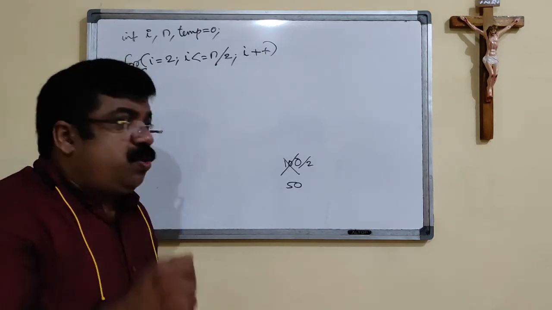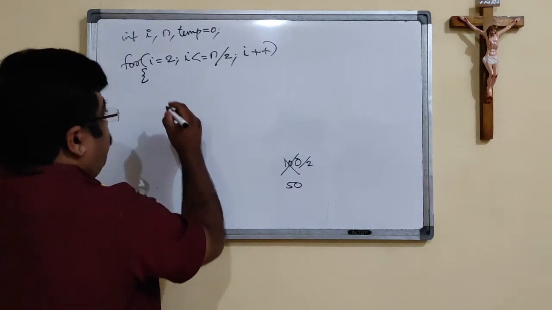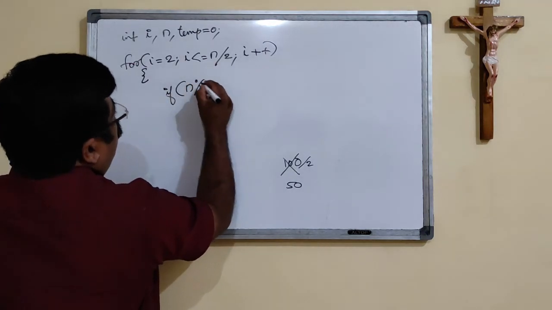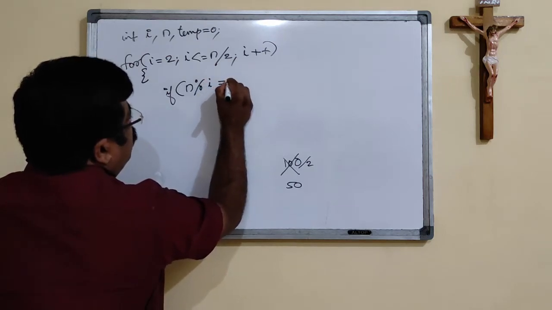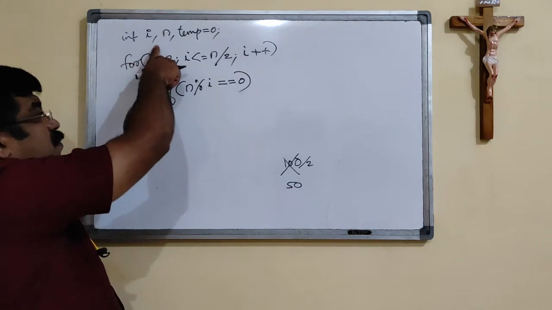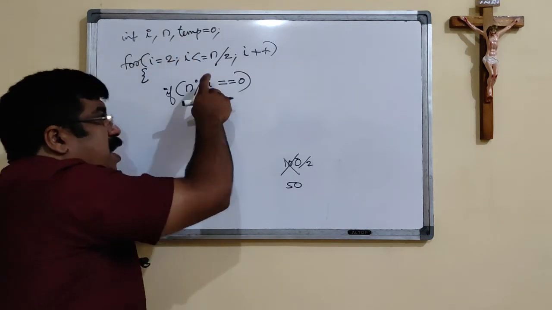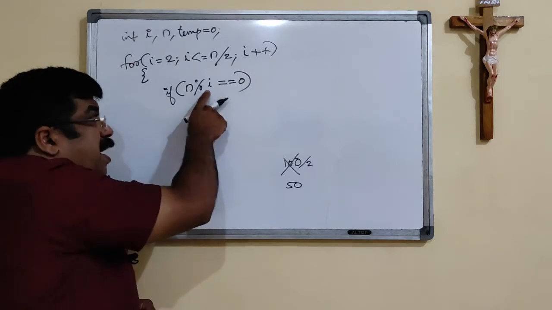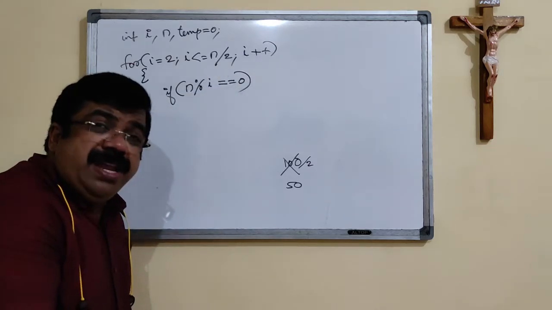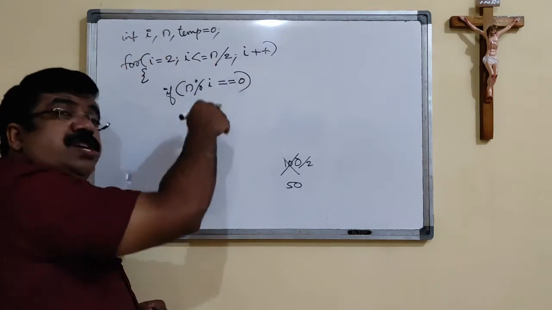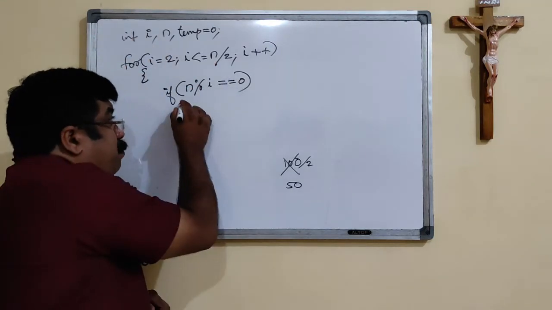Okay, now we are going to give a condition here. If n modulus i is equal to 0, we are checking whether the given number has any factor. If any factor happens in between, that means we avoided what? We avoided the number itself.